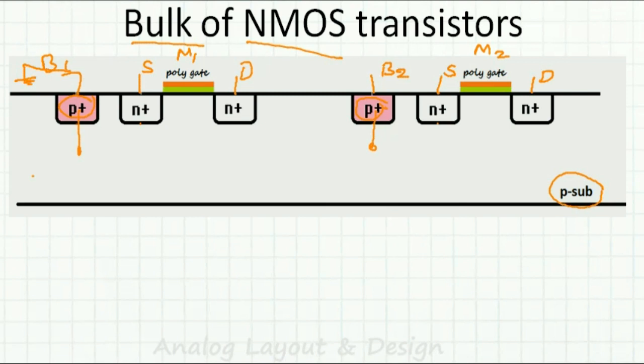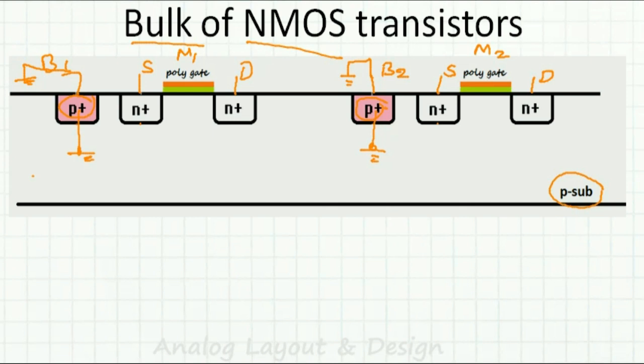So if I connect the M1 transistor bulk to ground, by default, all other NMOS transistors, M2, M3, M4, however many there are, their bulks are also connected to ground. Whether you explicitly connect here to ground or not, it is connected to ground. So the bulk of a normal NMOS transistor is not isolated.